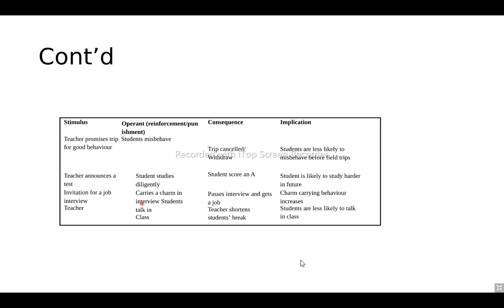We are saying that whoever is invited for a job interview carries a charm in the interview, passes the interview as a consequence, and gets a job. So what does he do? He carries the charm. The charm carrying behavior increases because it seems like with the charm, it has good results. But I'm not encouraging that.